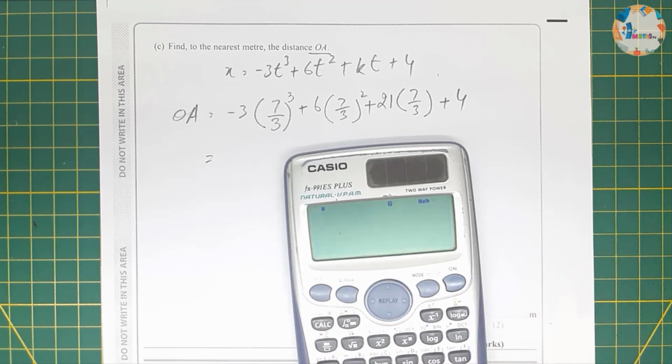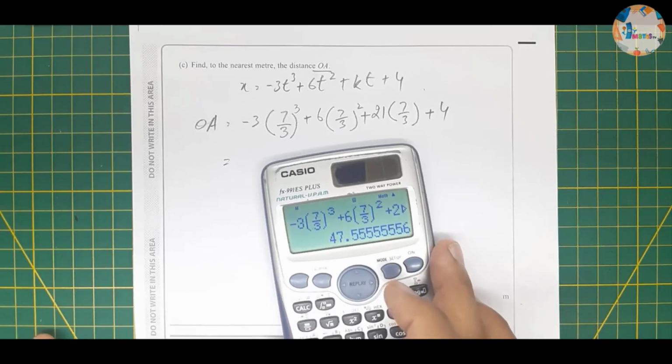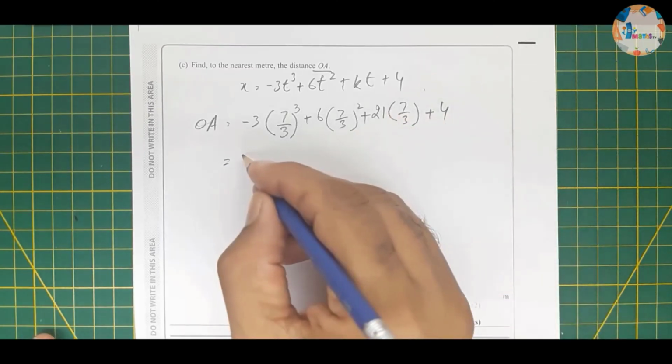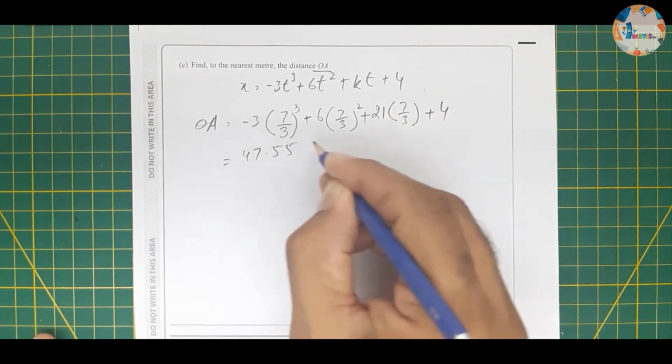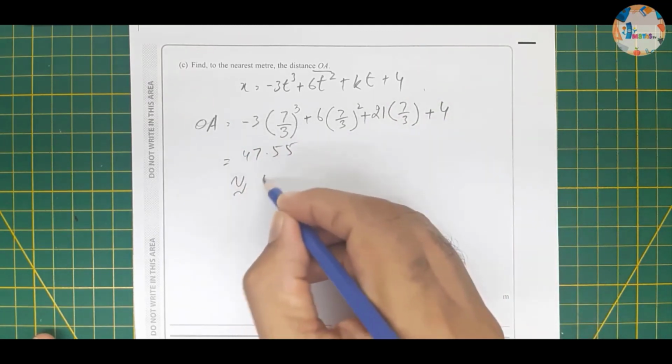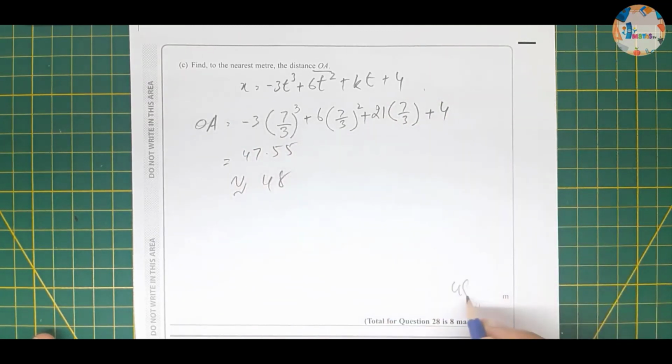If we calculate, we will get the answer as 47.55 recurring, so approximately equal to 48. So our answer will be 48.